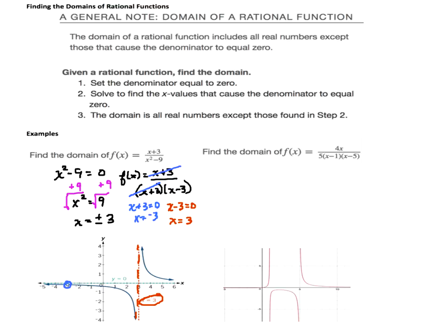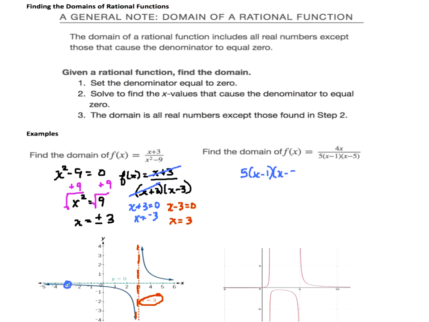So when you can divide a factor out of the denominator with the numerator, that 0 at that point is just a hole in the graph. If the factor remains after you've simplified the function through division, then that creates an asymptote. So that's the difference in creating asymptotes and holes in your functions.